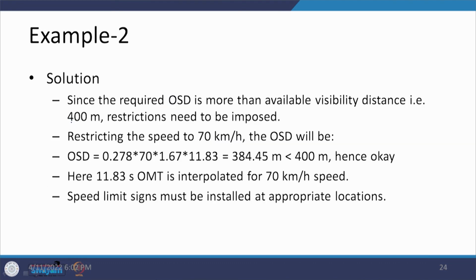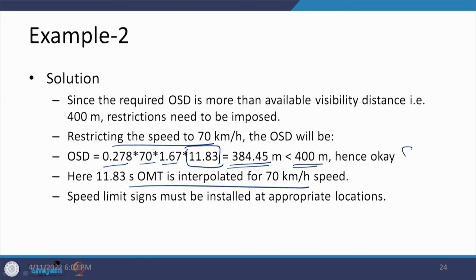So, when we have 400 meters, restrictions need to be employed. The restriction thought of here is to restrict the speed to 70 kilometers per hour and see what the OSD is going to be. We calculated 0.278 into 70 into 1.67 into 11.83, which is an interpolated value for 70 kilometers per hour, and this gives 384.45 meters, which is less than 400 meters.